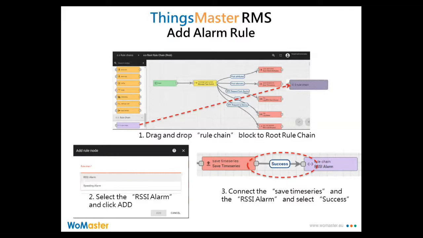So first, you have to import the two files, and then drag and drop the two files into the rule chain board. Then connect them with the time series. Then select success. You just need these 4 steps, then you can add the alarm rule.